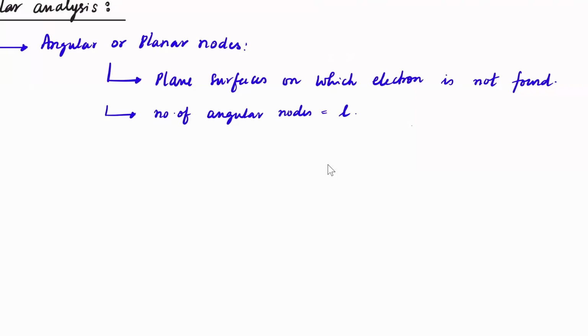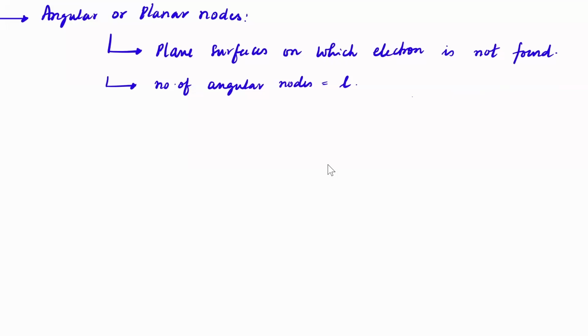We are not changing the radius, that distance. We are only changing the angles, theta and phi. If theta and phi are changing, how will the graph change? That's what we are trying to figure out. Or, in fact, how does the shape of the orbital look? So this mainly emphasizes the shape of the orbitals.